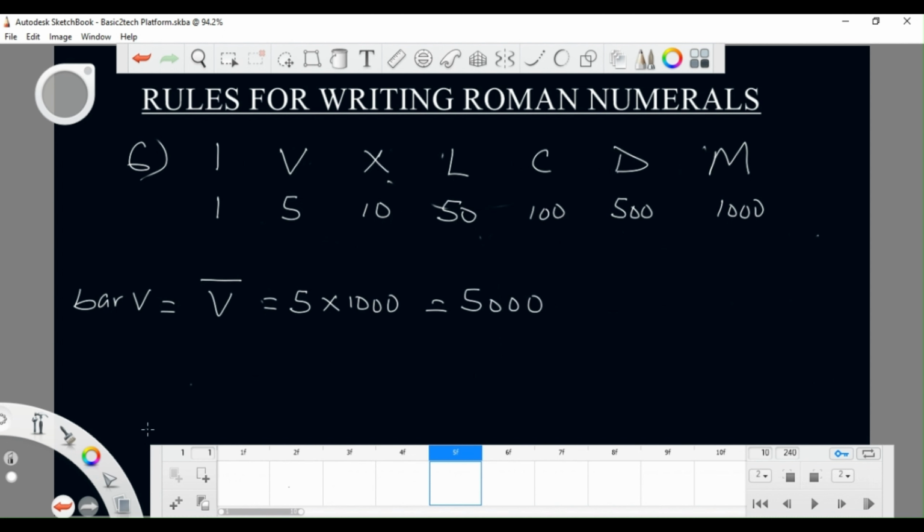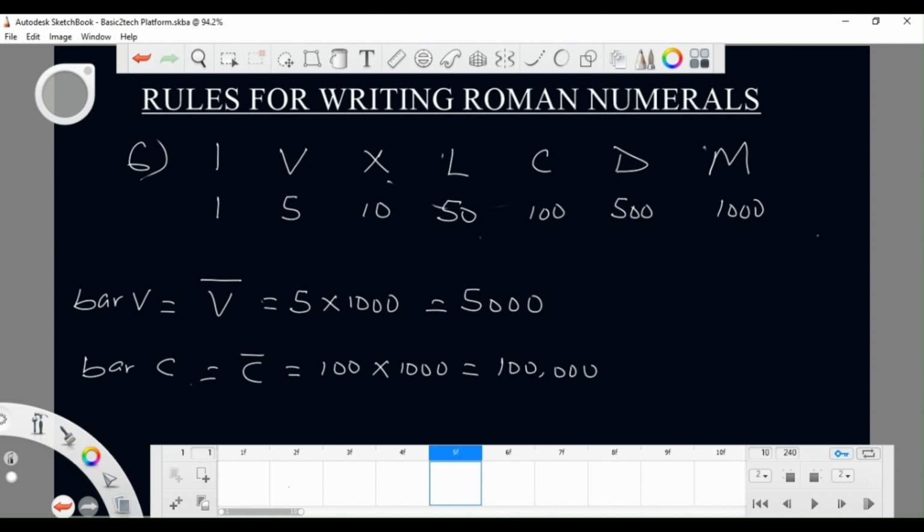If we have, for example, bar C. Remember, C is 100, so it's 100 times 1,000. That gives us what? 100,000. So the same goes for each of these symbols.